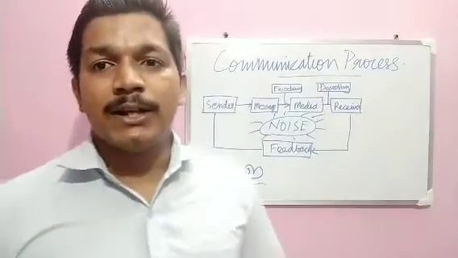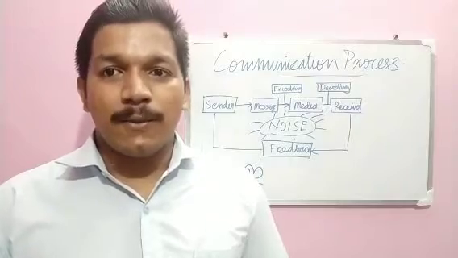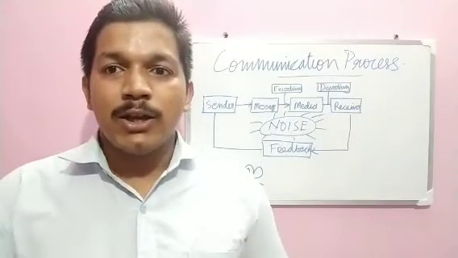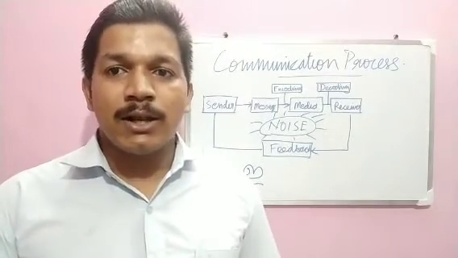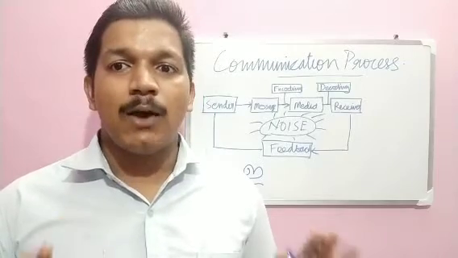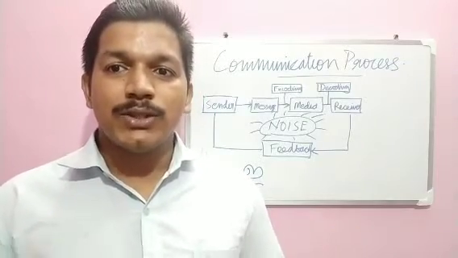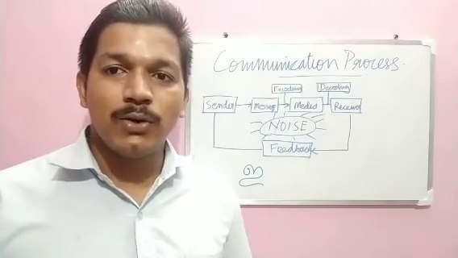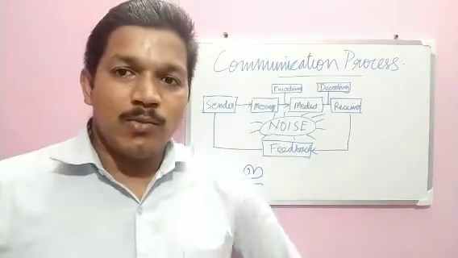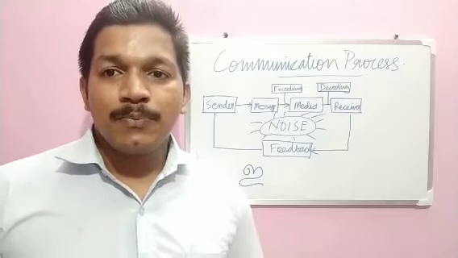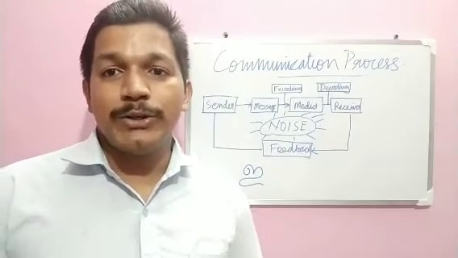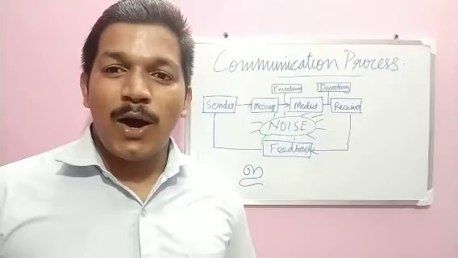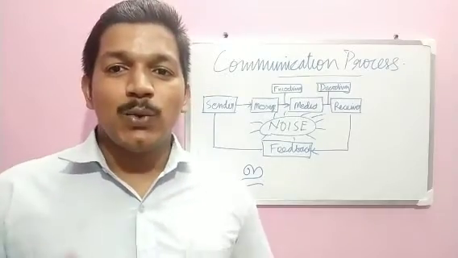For example, if I tell you that those who are watching the video today should send me a message on WhatsApp that you have watched the video, so this is the homework for you. After watching the video fully, you type on WhatsApp and send me that you have watched this video. So let us see how the communication feedback will work.